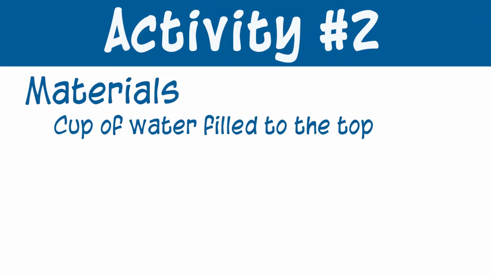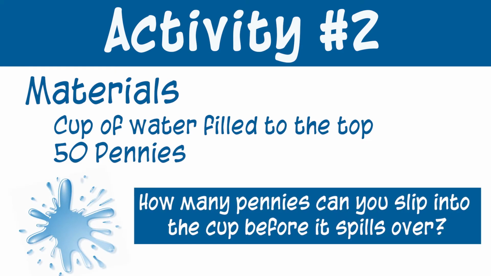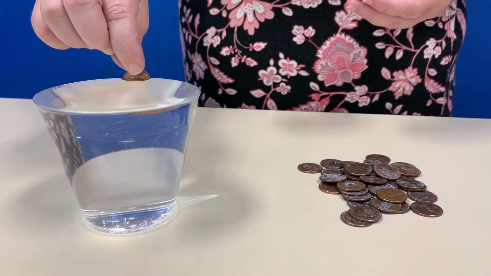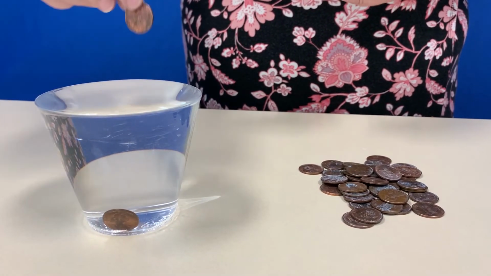For our second activity, we need a cup of water filled to the very top and about 50 pennies. And I'm going to slowly add the pennies into the cup of water and observe how that changes the surface of the water. I'm going to start by slowly adding pennies into the cup.